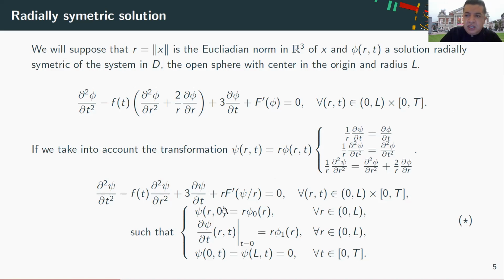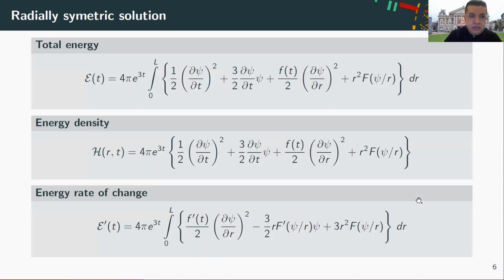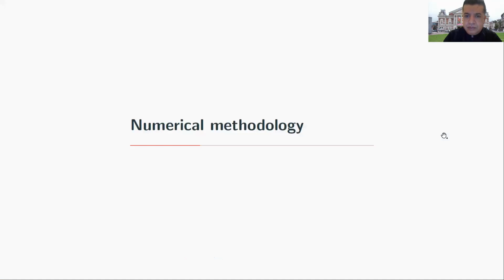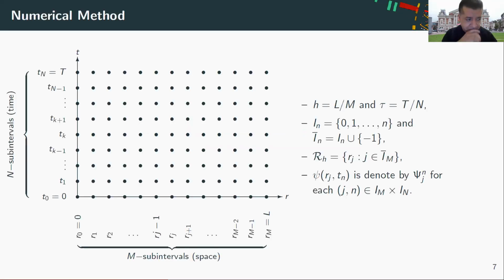So the Higgs boson equation is written in the following form with these initial boundary conditions. So the total energy, the energy density, and the energy rate of change are rewritten in terms of this new variable, psi.